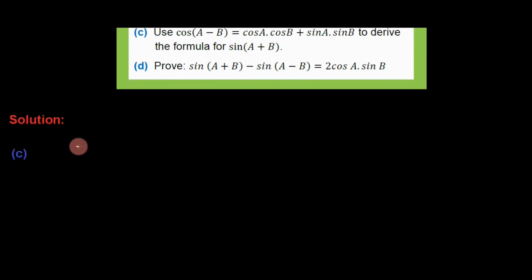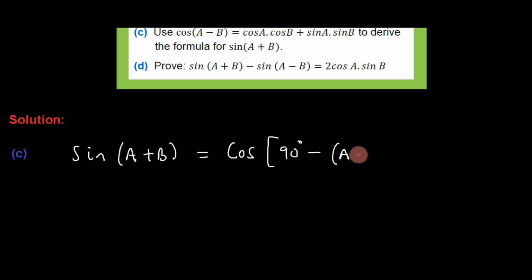So it's the sine of A plus B. Then using co-ratios again, we can write this as the cos of 90 degrees minus A plus B. In other words, the sine of theta is the cos of 90 degrees minus theta. Once again, we're going to multiply the minus into these round brackets.